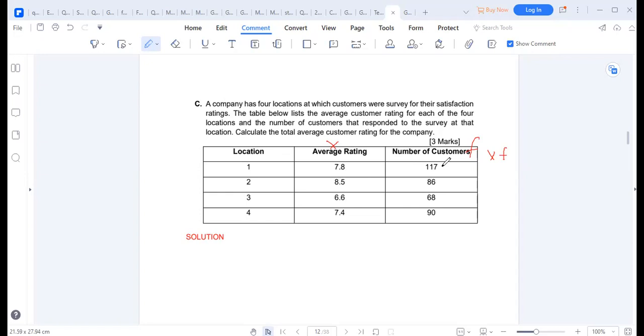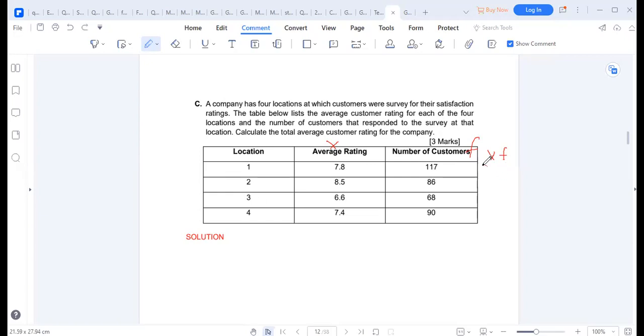Okay, 912.6. The next one. Quickly calculate each one so that we move fast. 731.